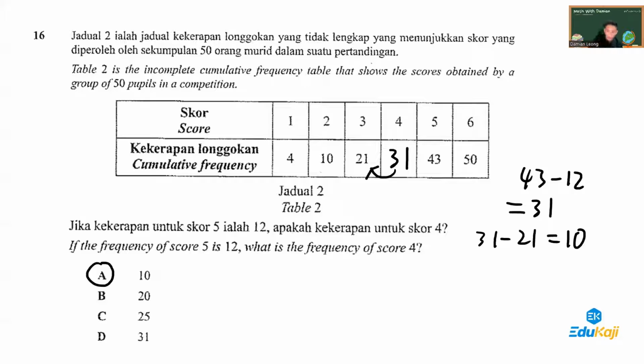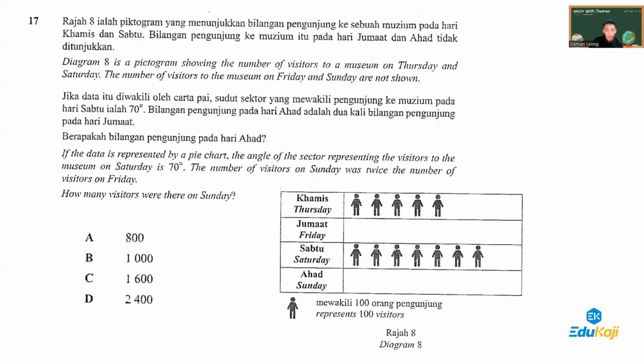Be aware this is frequency, not cumulative frequency. So what we want is not this value 31, but 31 minus 21. The difference would be the frequency. Then question 17, we have a pictogram here, showing number of visitors to a museum on Thursday and Saturday.